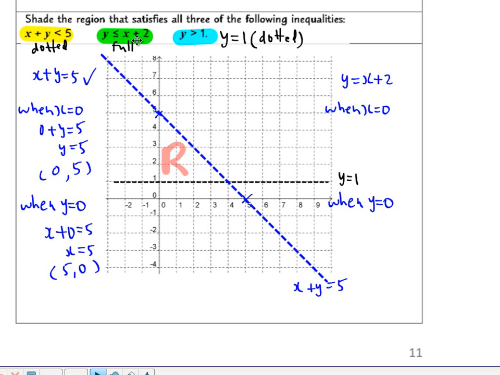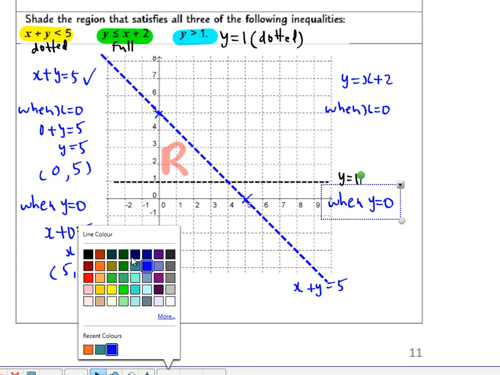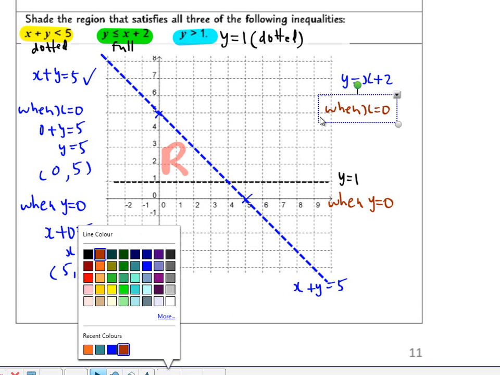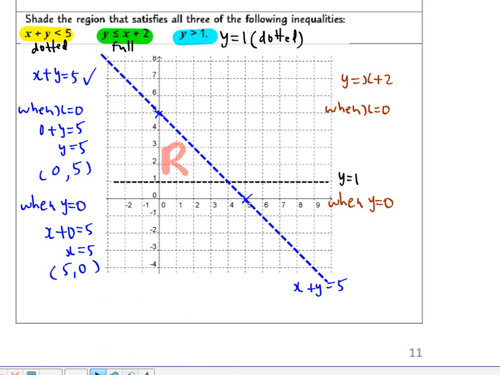And then the next one is y equals x plus 2. Let's try a different color here so that we can tell the difference. When x equals 0, y is 0 plus 2.